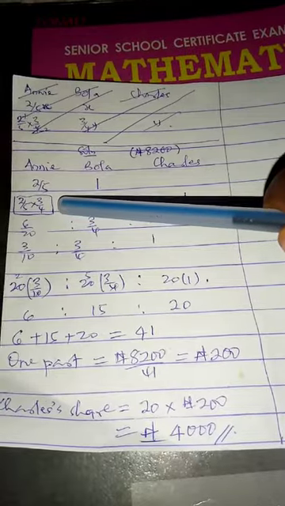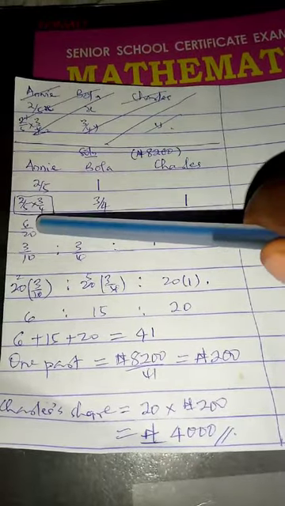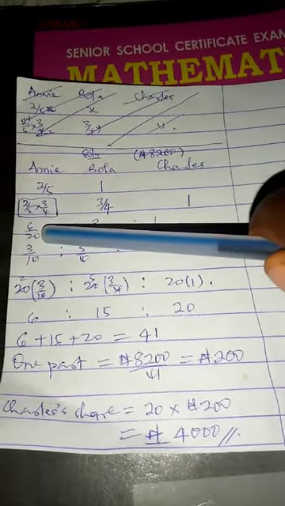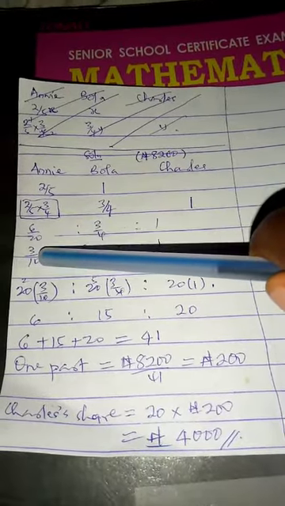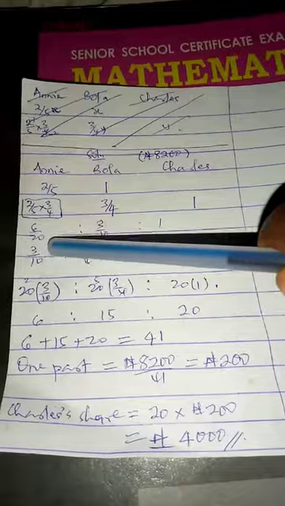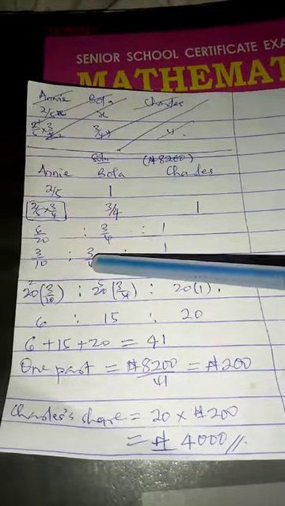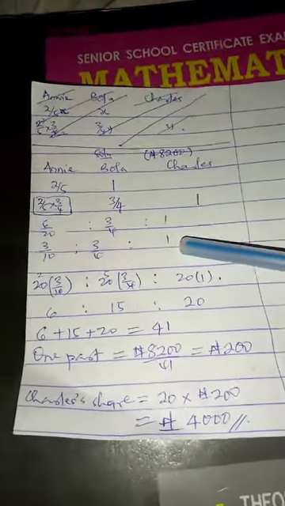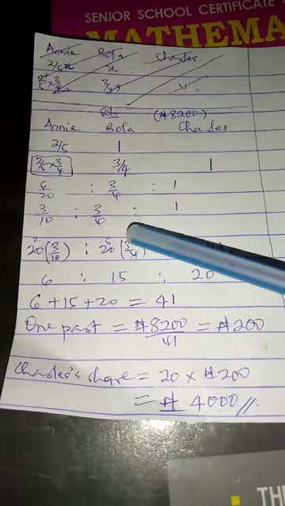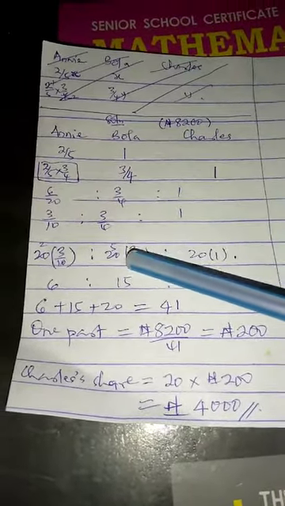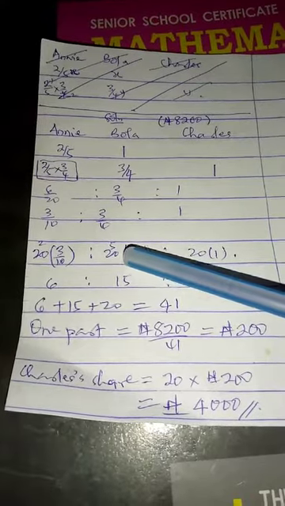Multiply your top numbers and bottom numbers, you have 6/20. Reduce to lowest terms, use 2 to divide through. You have 3/10. So our ratio will be 3/10 to 3/4 to 1. Then you can add. You use your LCM of 10 and 4 to multiply through, and that LCM is 20.